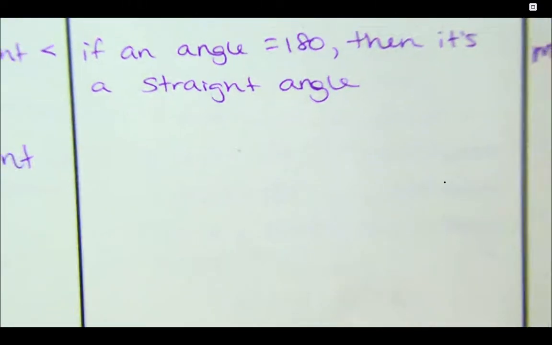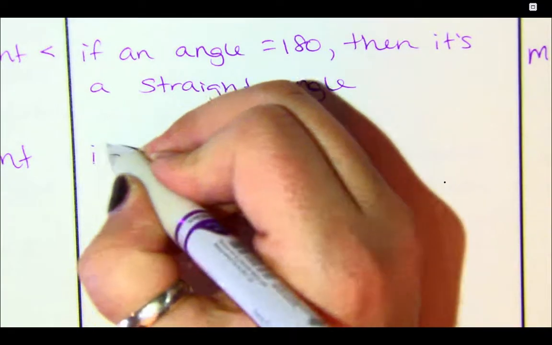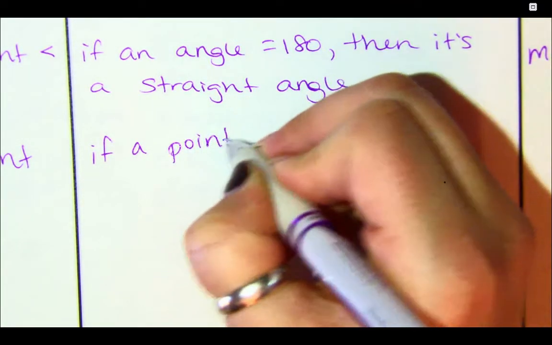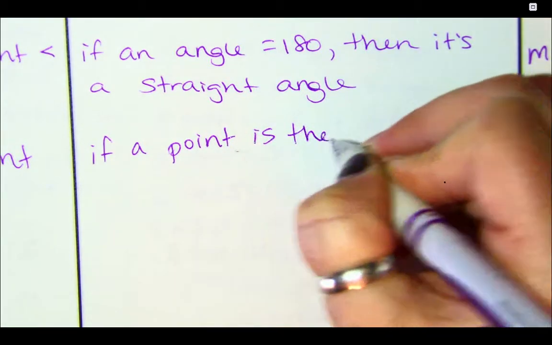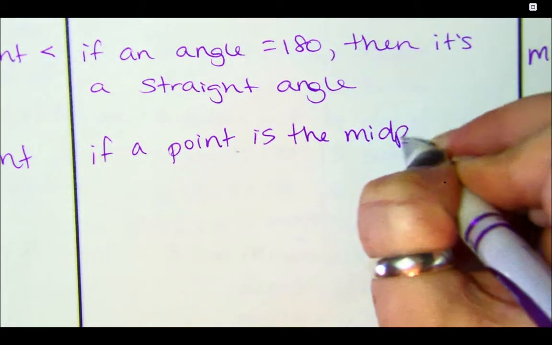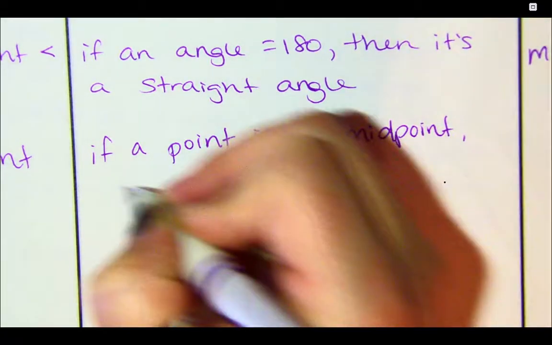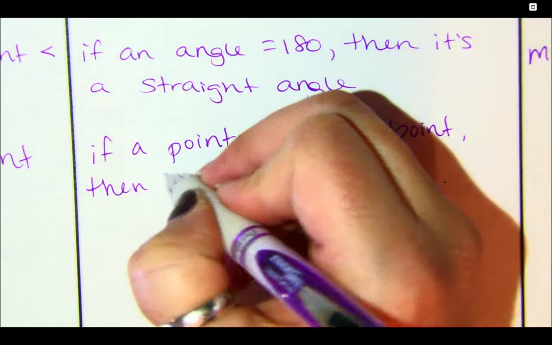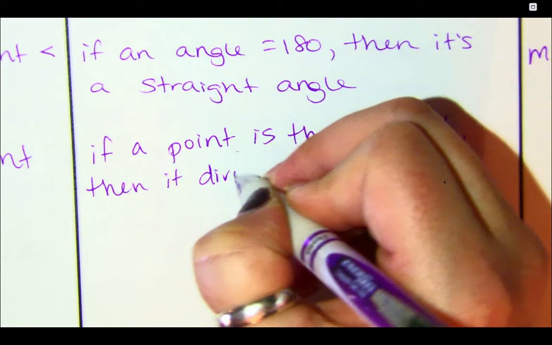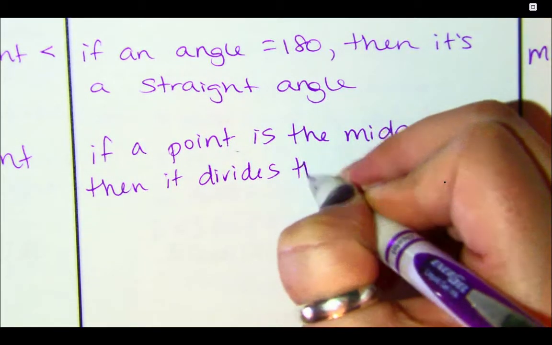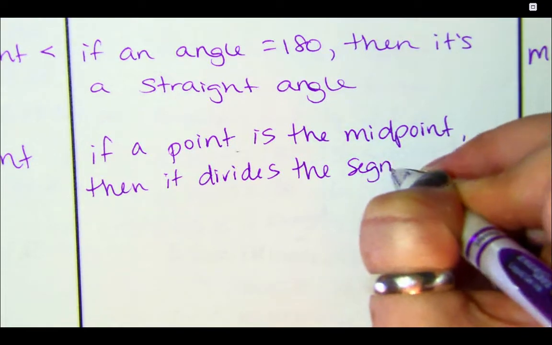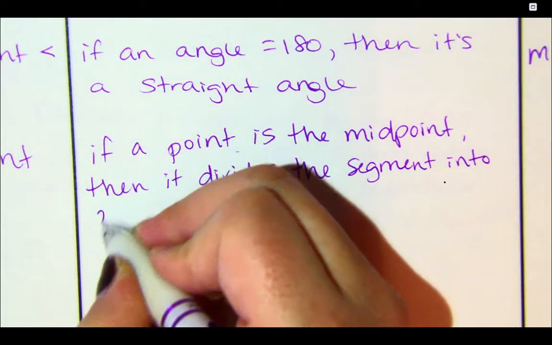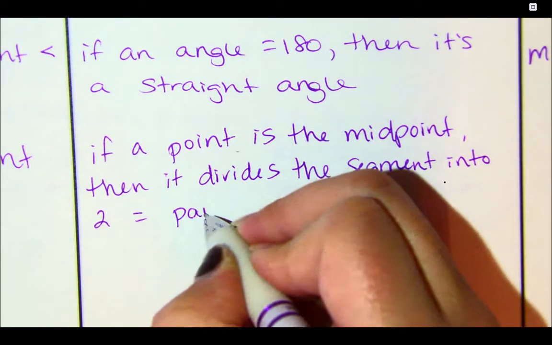So if a point is the midpoint, then it divides the segment into 2 equal parts.